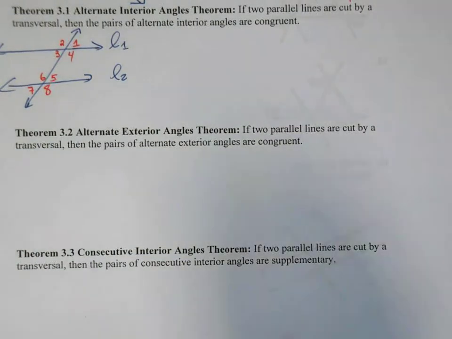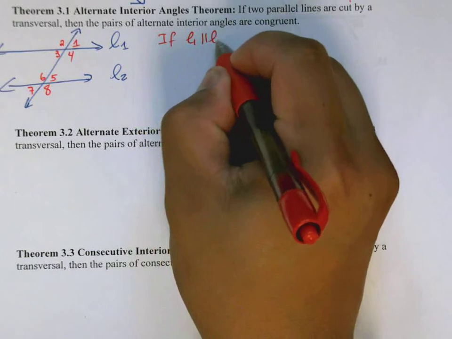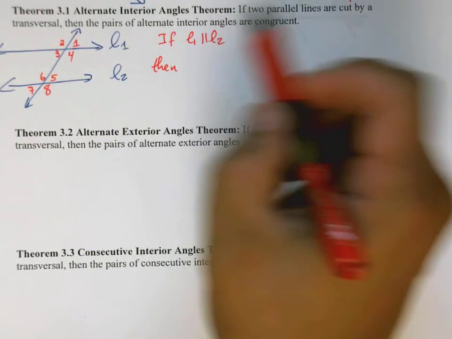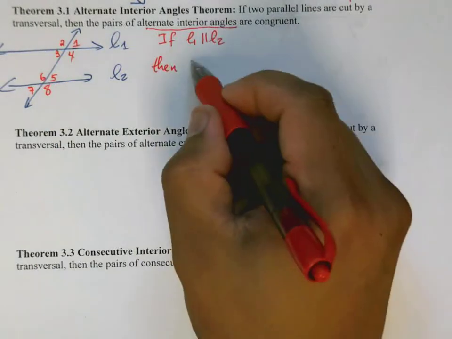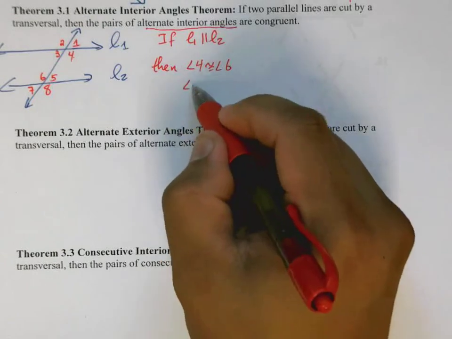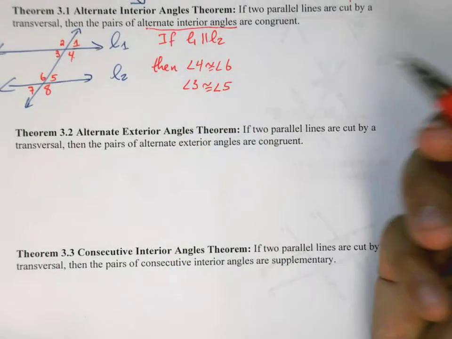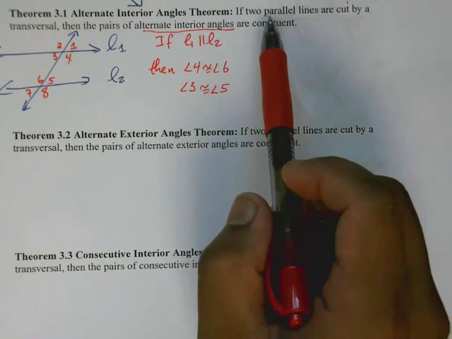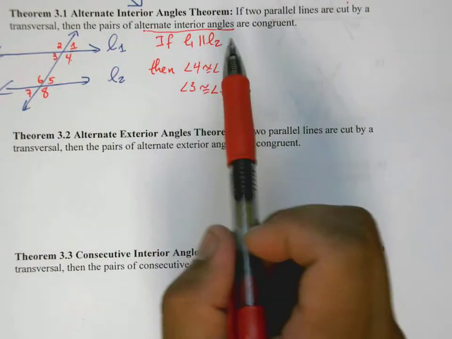And so we can say if L1 is parallel to L2, then alternate interior angles, in this case it would be 4 and 6. 4 is congruent to 6, and also 3 is congruent to 5. Okay, so this is understanding. This is just a matter of writing out the text in mathematical form, and also it's a matter of knowing what the definitions of these angles are.